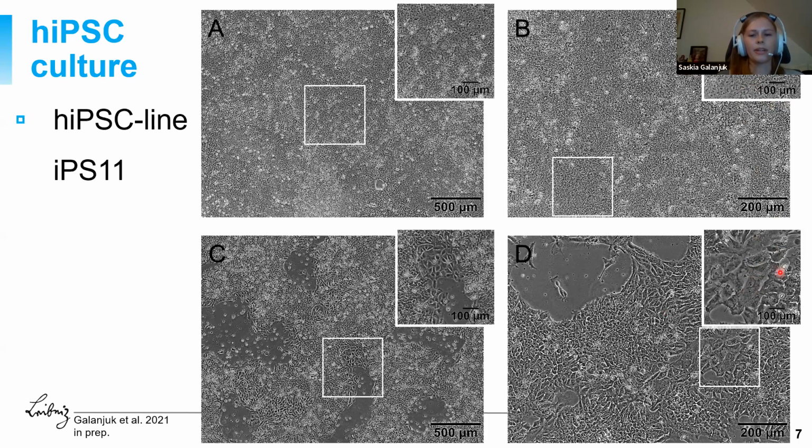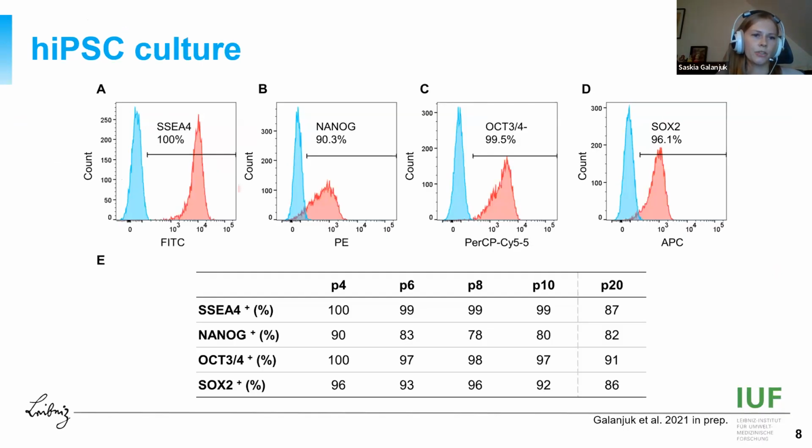And to further characterize the IPS culture we used, we performed flow cytometry analysis with different stem cell markers. So from A to D, you can see examples of IPS11 cells in passage 4, analyzed for the markers SSEA4, NANOG, OCT4, and SOX2. And all of them are above 90%.